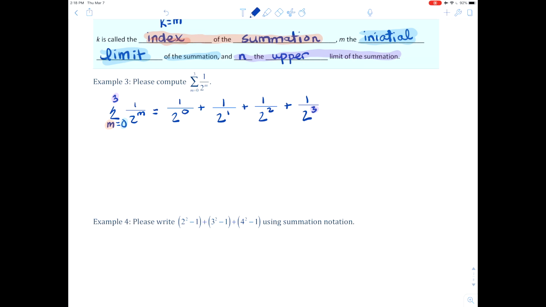So if we get a common denominator, what would that be? It'd be 2 cubed, right?